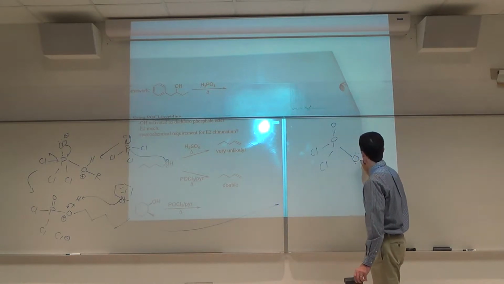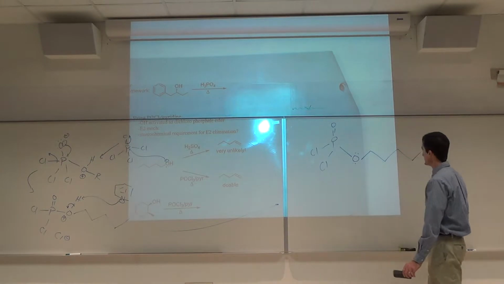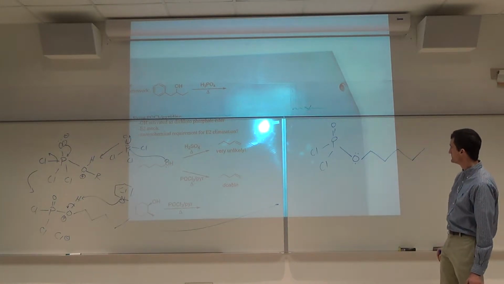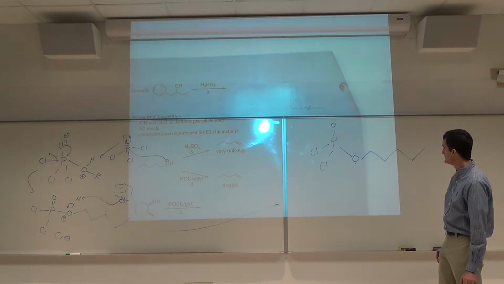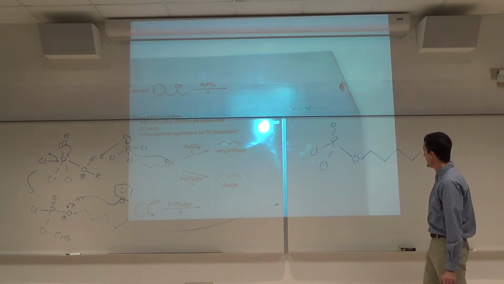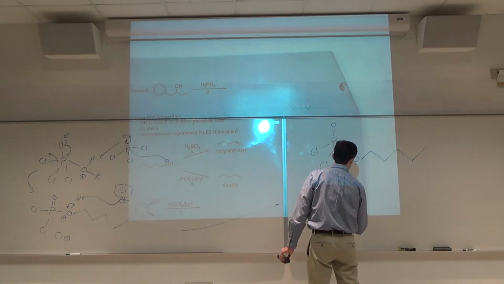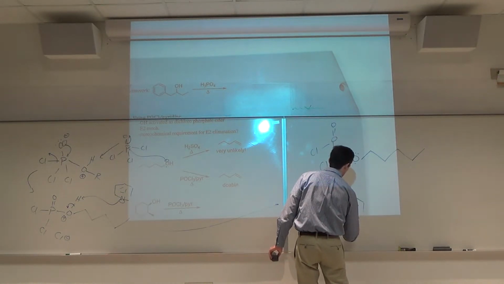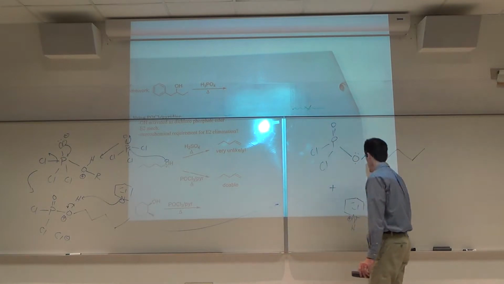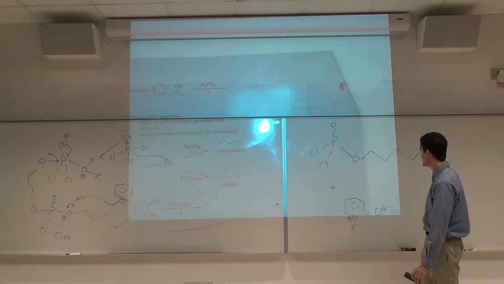The oxygen now has 2 lone pairs and the pentyl group, plus pyridine that has the H. There's a Cl minus to balance that.